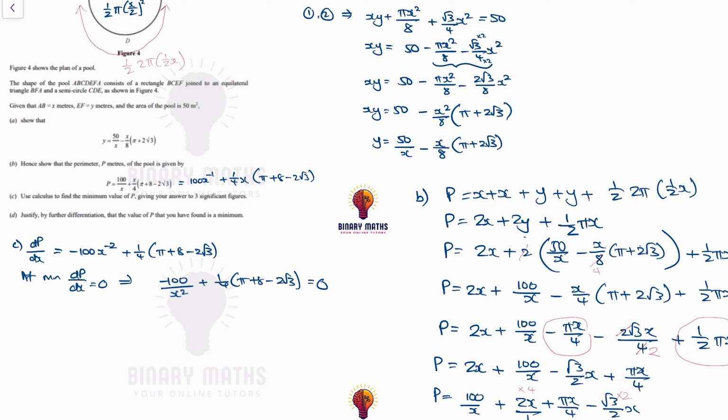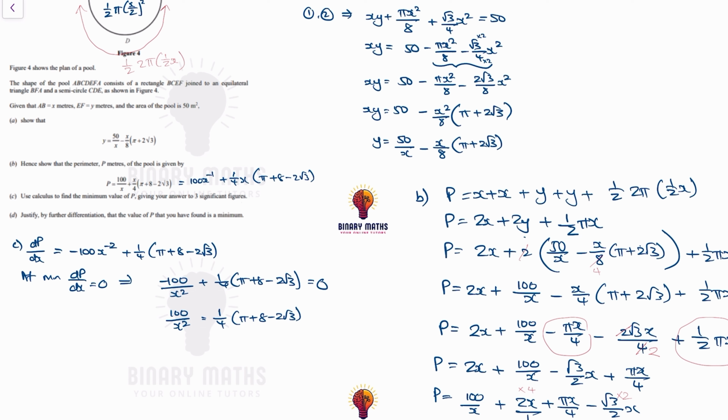which means minus 100 over x squared is equal to, no, let's rearrange it the other way. So take this over to the other side. So I get 100 over x squared is equal to quarter times pi plus 8 minus 2 root 3.